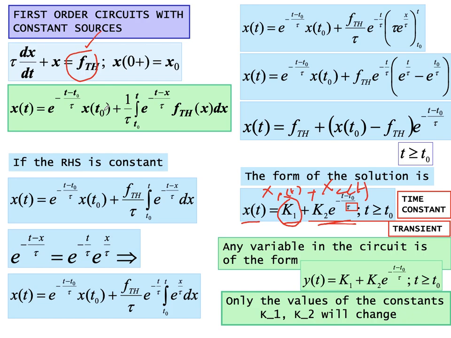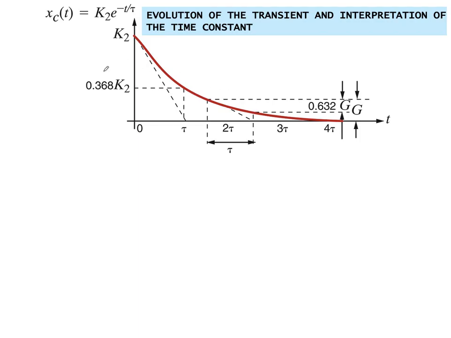So in this case, the total solution x of t will be the sum of the particular solution and the complementary solution. If we talk about the transient response or the complementary solution, this exponential actually tells us certain information, and that is about the time constant, because we can see this expression depends upon tau.